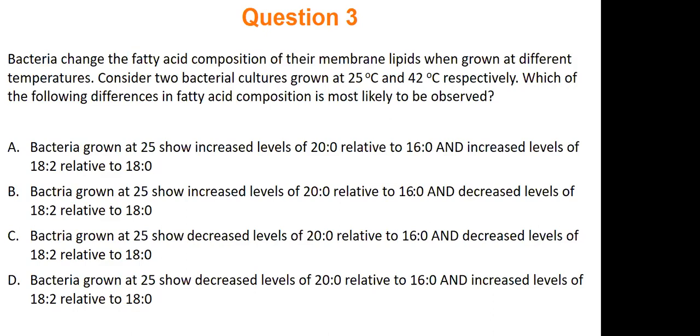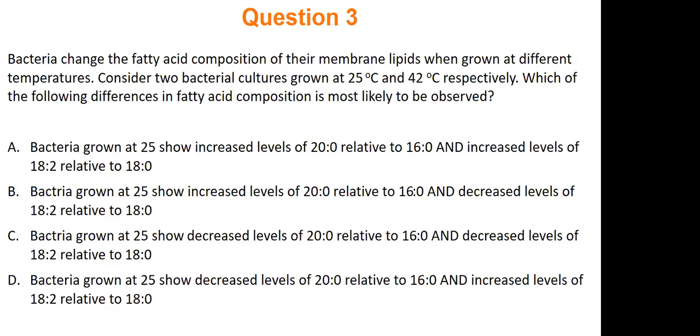If you move a bacteria from cold to hot, the way they will compensate for that temperature change is that they'll change their lipids in their membrane layer. So let's say you have 2 bacteria colonies, one at 25, one at 42. What difference in their fatty acid will you likely see?